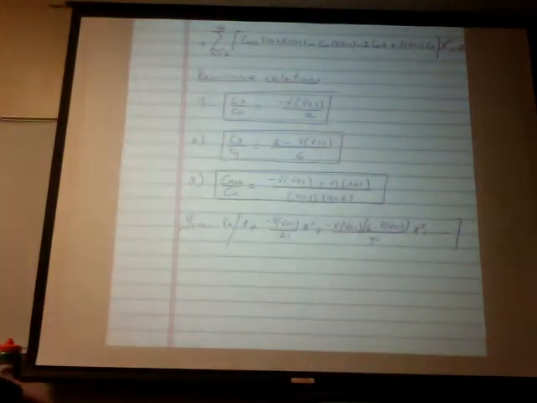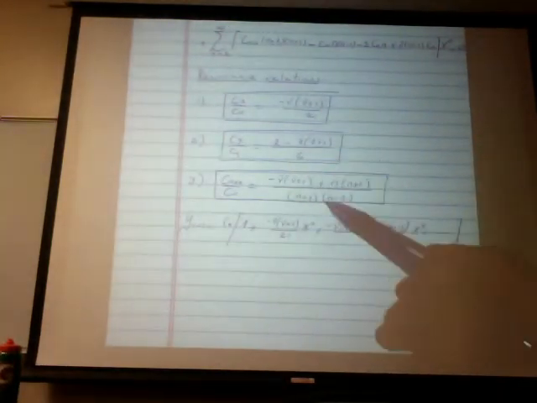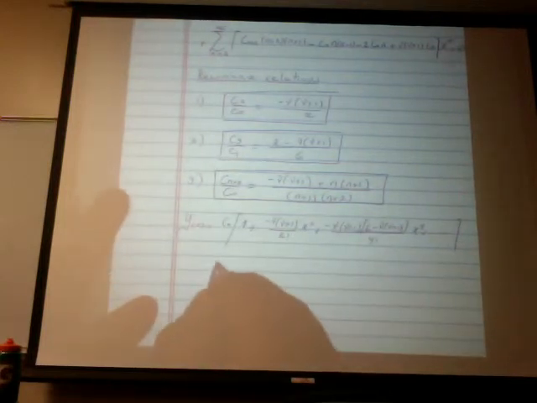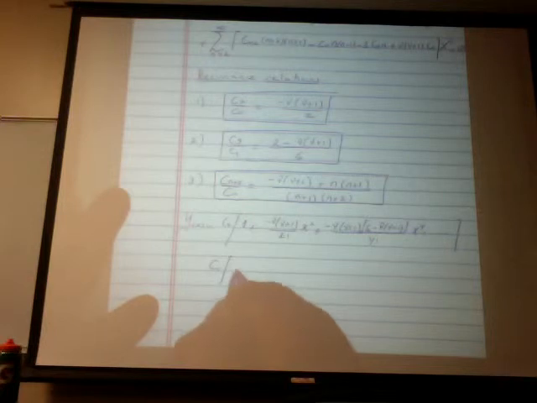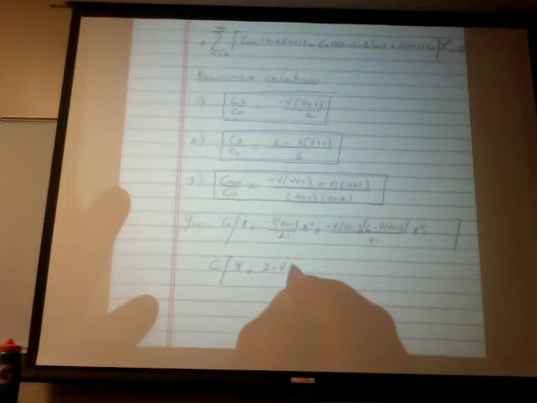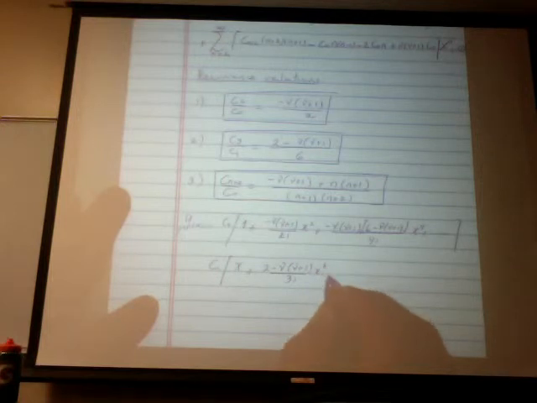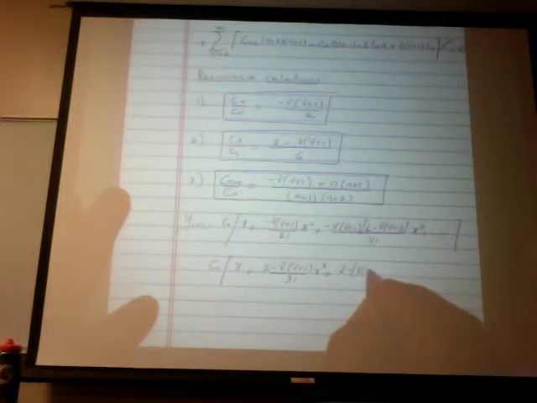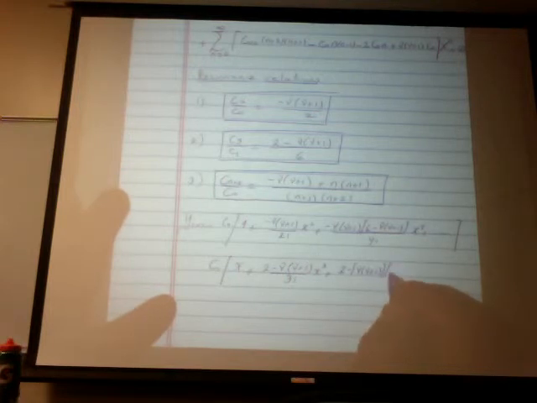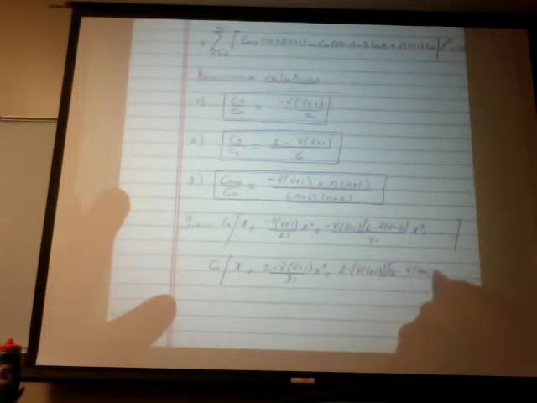That comes from the even recurrence relationship. And from the odd recurrence relationship, we have C1 times x plus 2 minus nu times nu plus 1 divided by 3 factorial x cubed plus 2 minus nu times nu plus 1 times 12 minus nu times nu plus 1 divided by 5 factorial x to the 5.